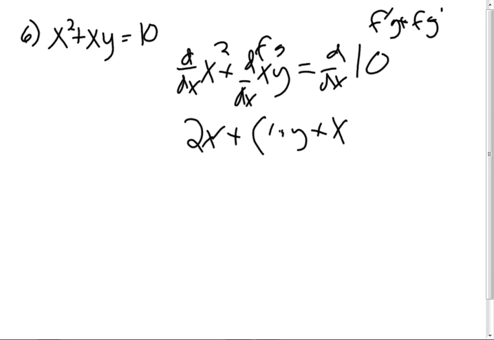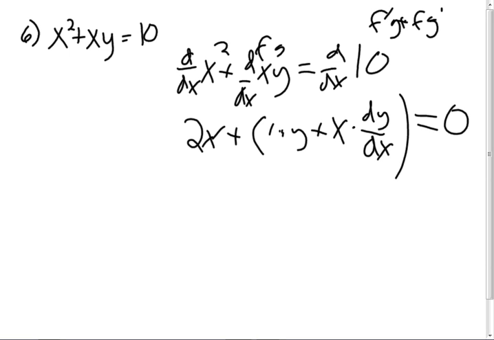Now this is an implicit function, so it's dy/dx, and this is 0 equals 0.